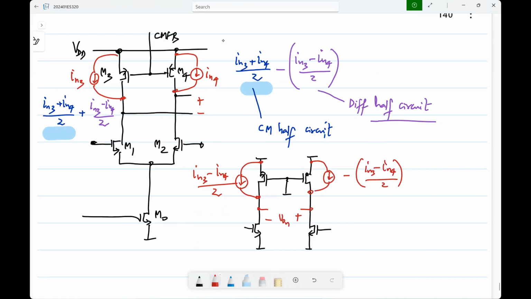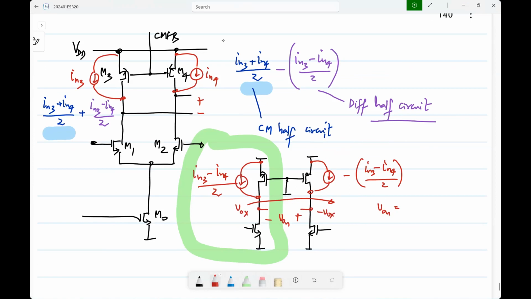So let's say you analyze only this part, okay, and the output turns out to be some Vox, right? Now, what will be the output of the other half? Minus Vox. This necessarily means that this will be minus Vox. Okay, so this is the idea. You don't need to analyze both parts. Okay. So if this is the case, the actual output VON, what is it? 2 times Vox. Okay.